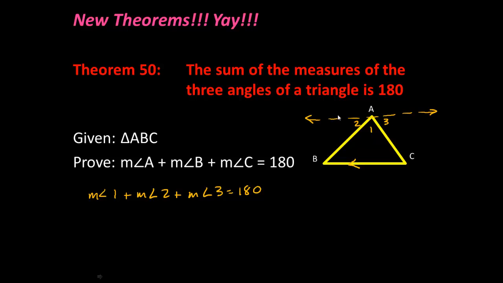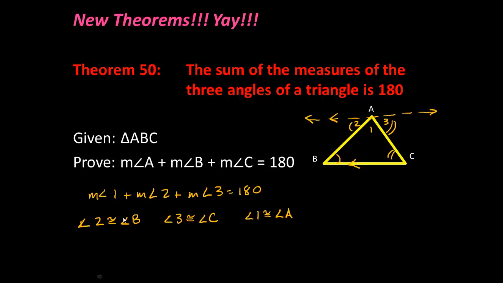Now also, we said that these two lines, this one, line A, line BC, are parallel to each other. So because of that and what we know about parallel lines, we can say that angle 2 and angle B are congruent because of alternate interior angles, and also because of alternate interior angles we can say that angle 3 is congruent to angle C, and angle 1 happens to be angle A, not even congruent to, but equal to.